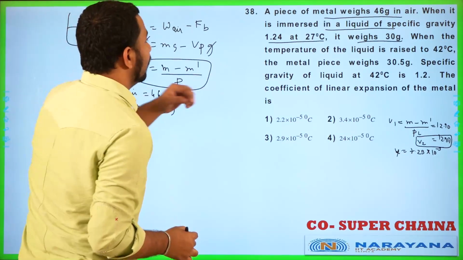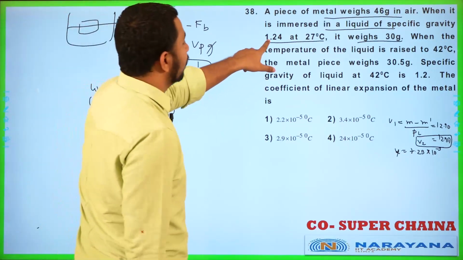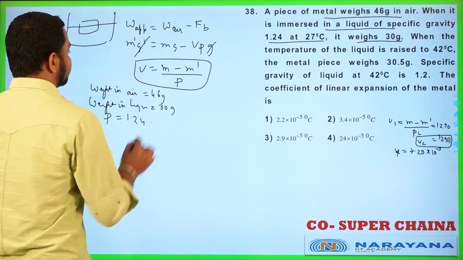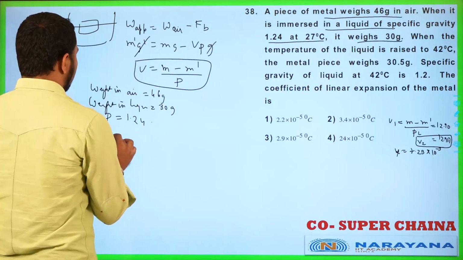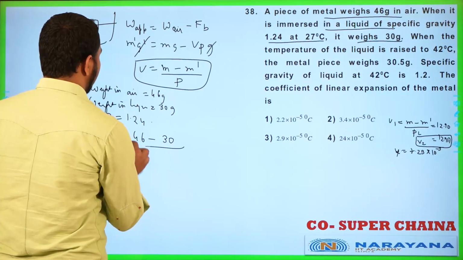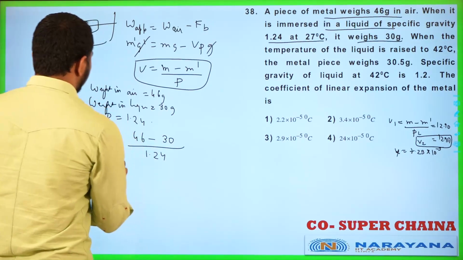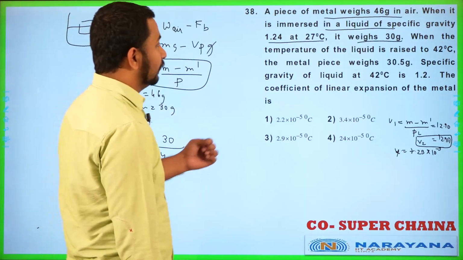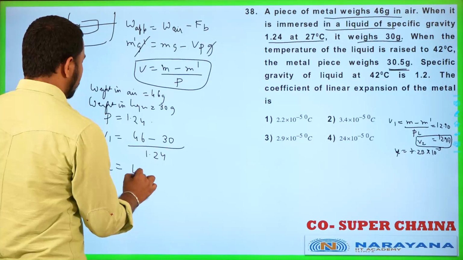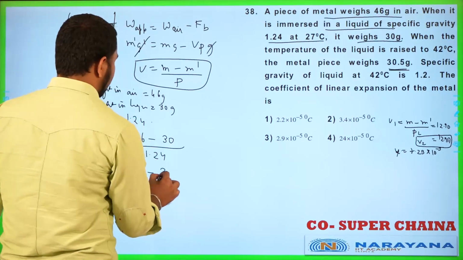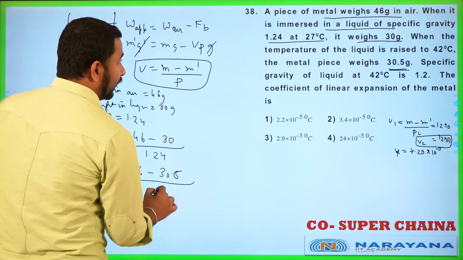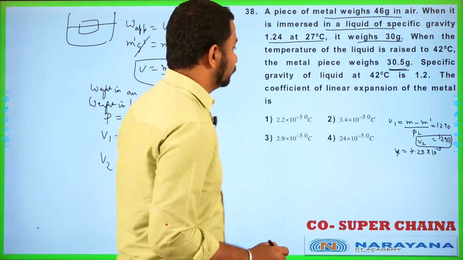The density is given as 1.24. So rho is given as 1.24. Just substitute here. V1 will be equal to (46 minus 30) by 1.24. Similarly, we can do V2. The weight is 30.5 gram. So V2 will be (46 minus 30.5) by 1.2.